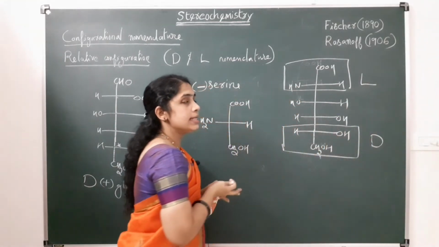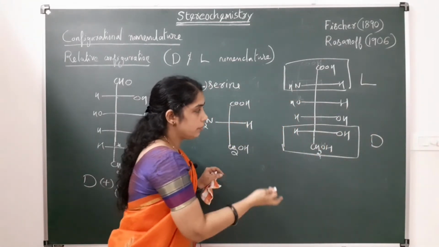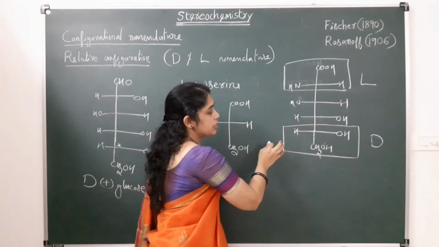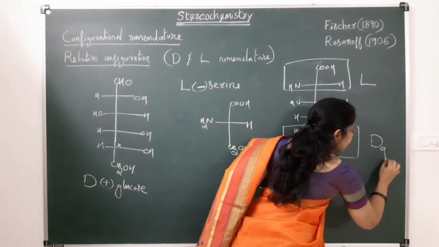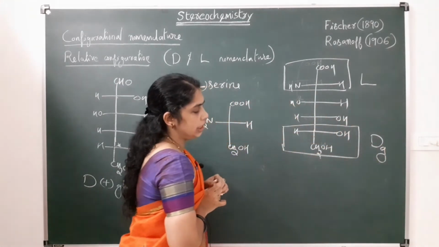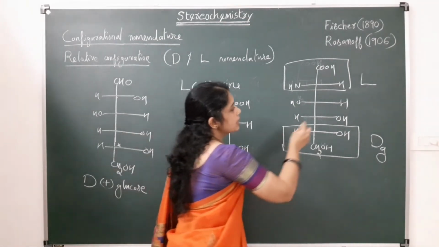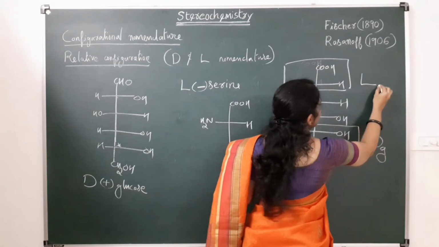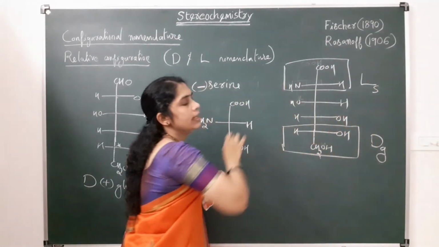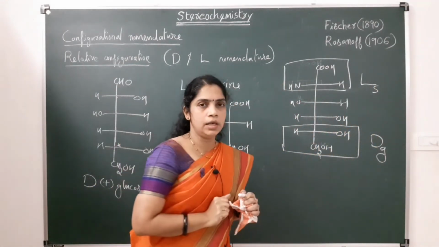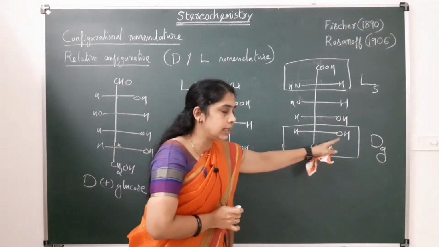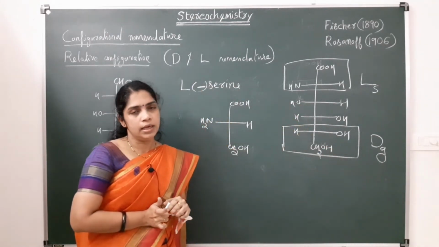So in this case, we have to assign the configuration in such a way that it can be assigned either as DG, which means D with respect to glyceraldehyde, or as LS, which means L with respect to serine. So it can be assigned as either DG or LS.